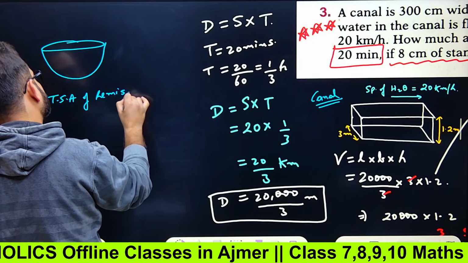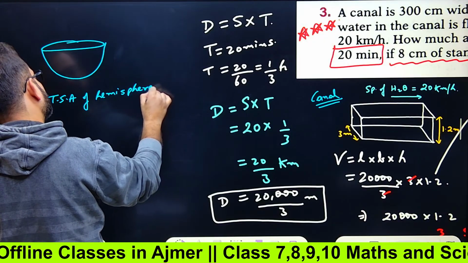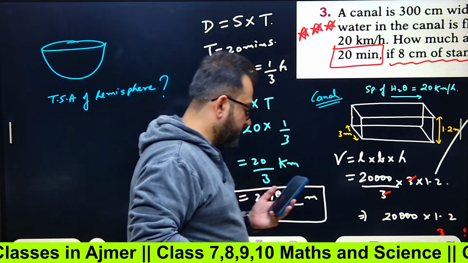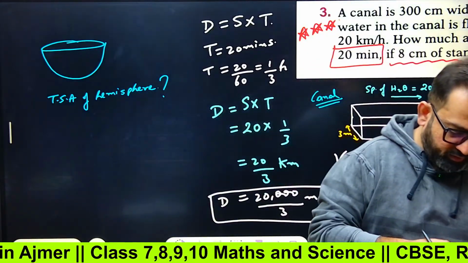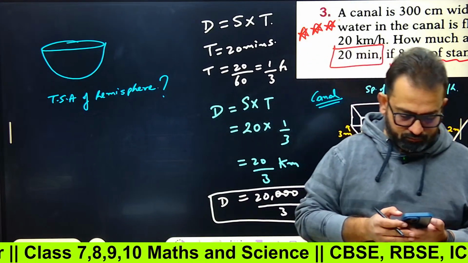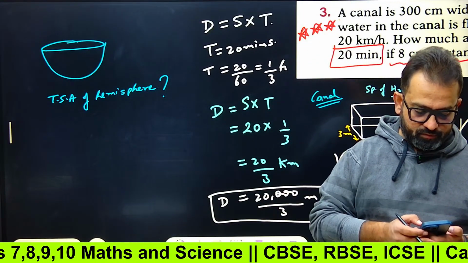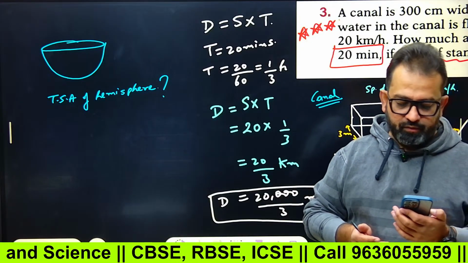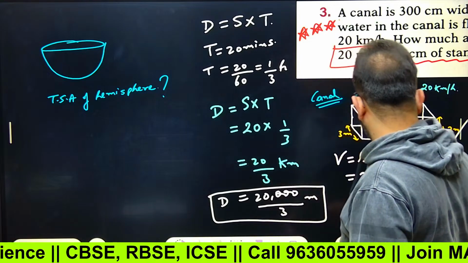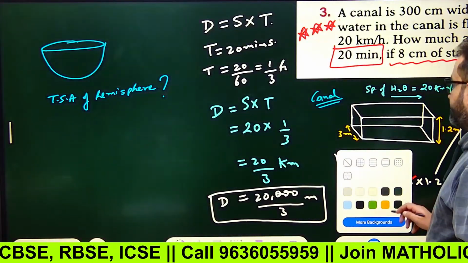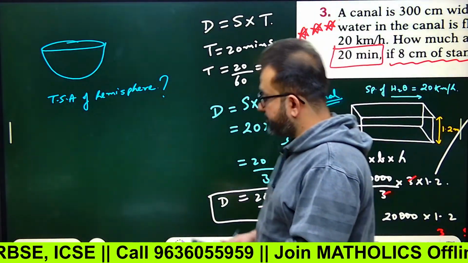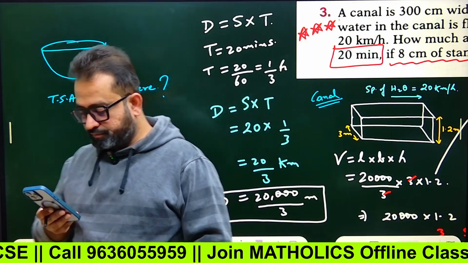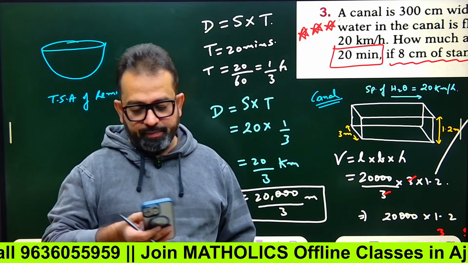Anyone in the comments? What's the formula for total surface area of hemisphere? Very good. 3 pi r square.